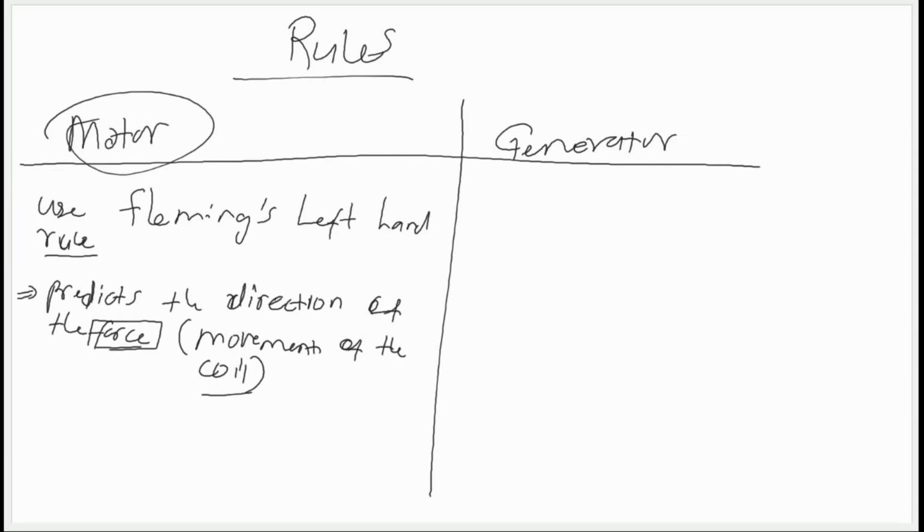So that means if you are given a motor, the rule that you will use in order to predict the direction of the movement of the coil, or let's say a force, is Fleming's left hand rule. So then you can predict that, but not only the direction of the force, you can also predict the direction of the current as well.